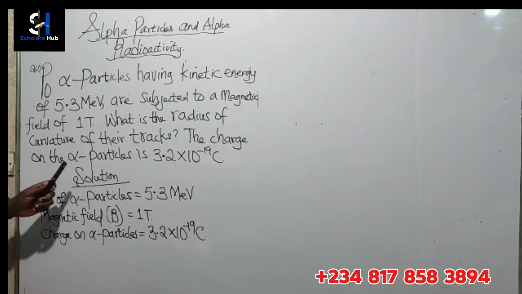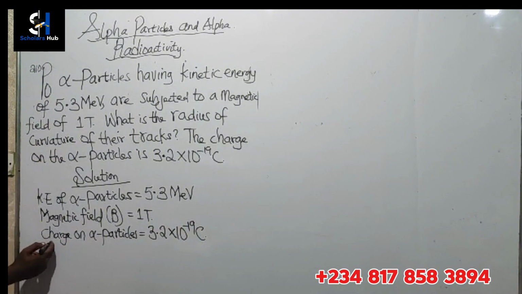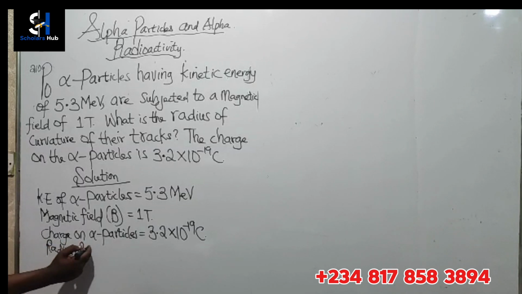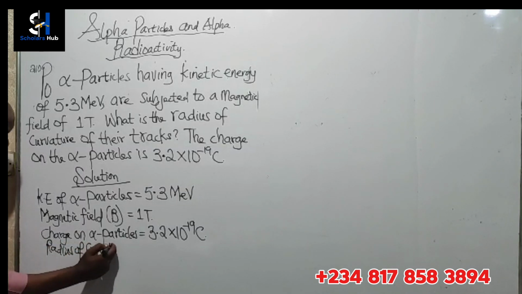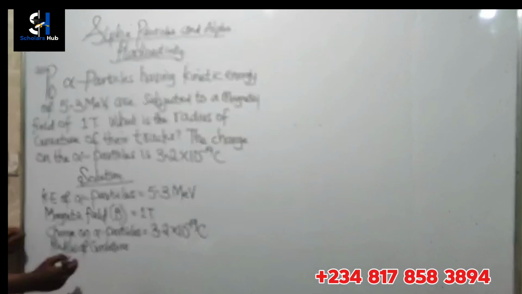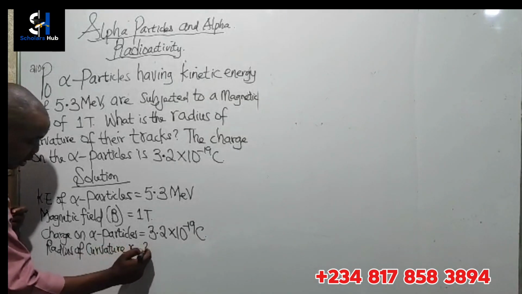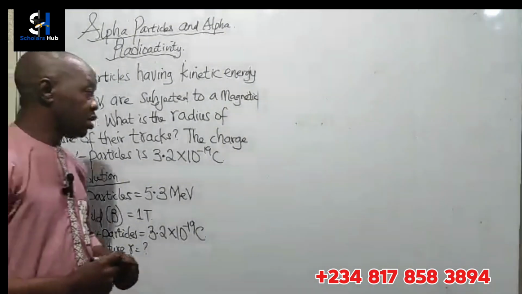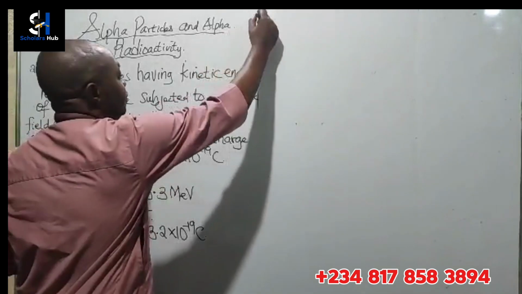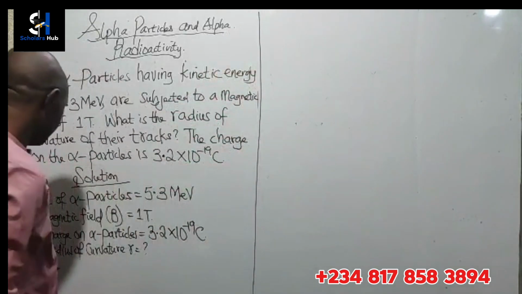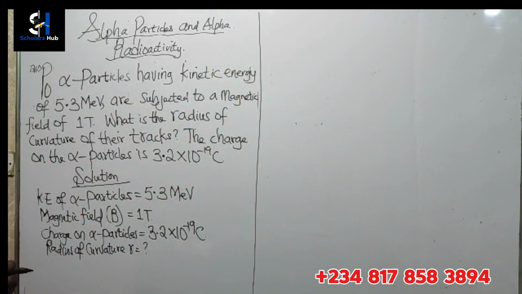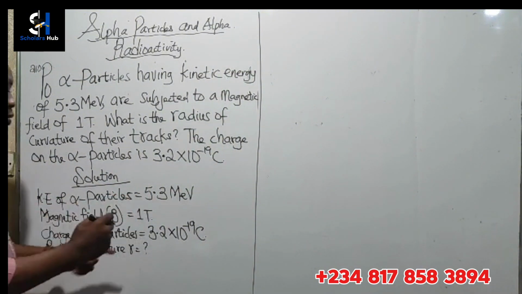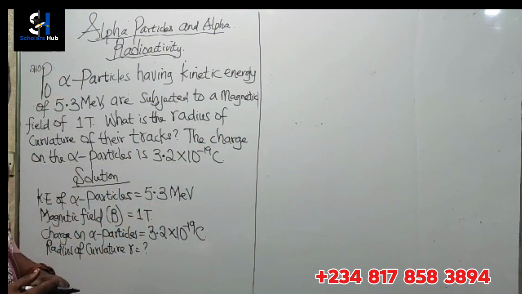So we want to calculate the radius of curvature. Let's represent that with small letter r. Now we are given the kinetic energy of the alpha particles to be 5.3 mega electron volts.